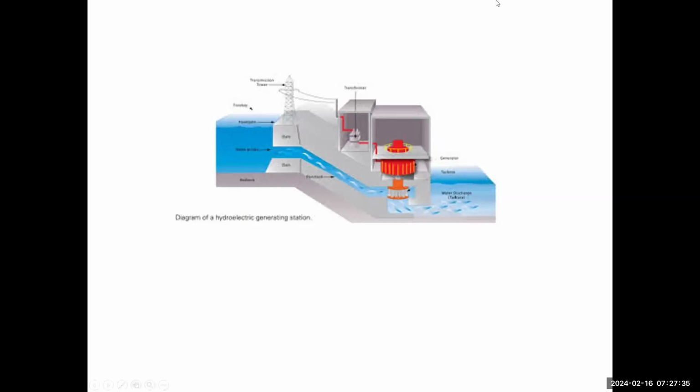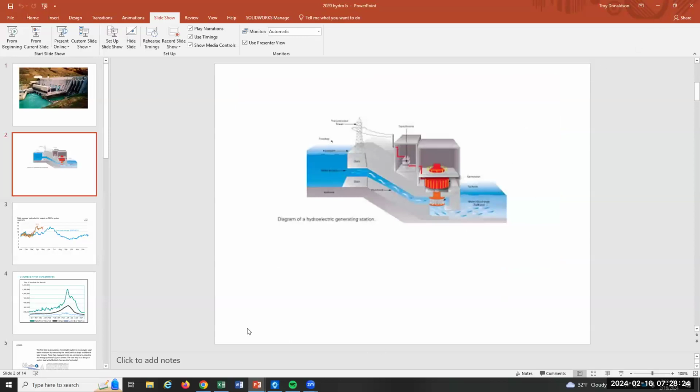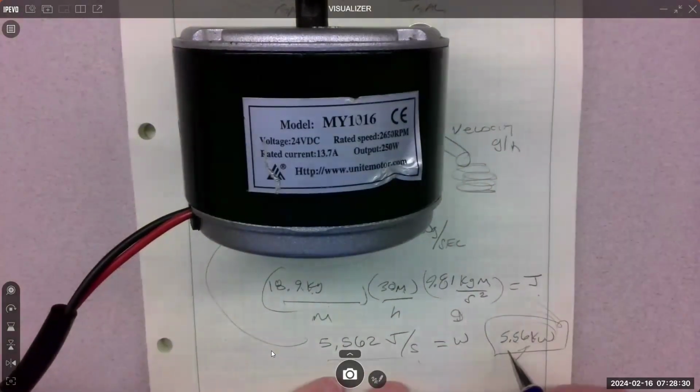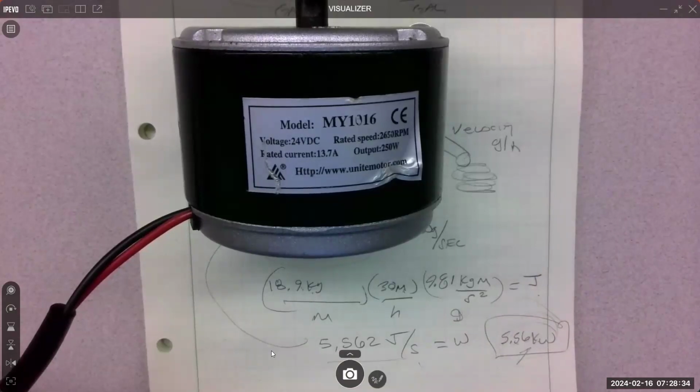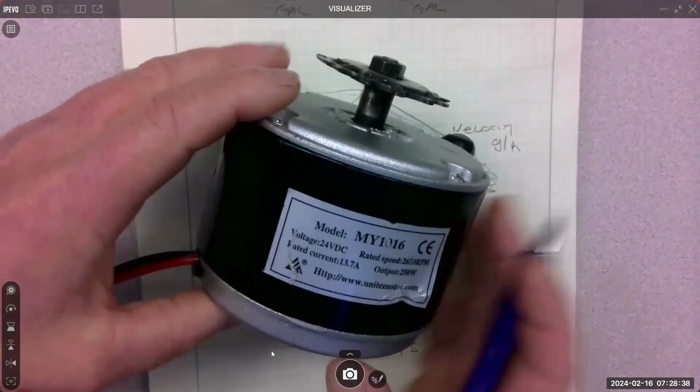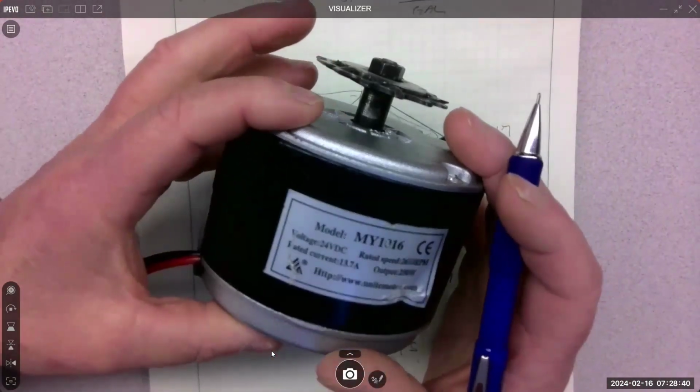So I have a generator here that I'll show you, and it'll give you an idea of how these things work. So we have basically our potential energy, a possible 5.56 kilowatts if we could capture it all. This is a small generator, but it gives you an idea. It fits on my piece of paper, and you can see with my hands how big it is.